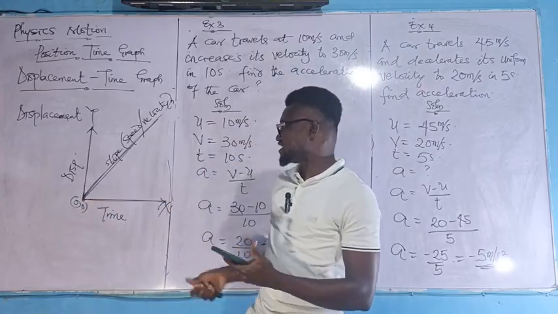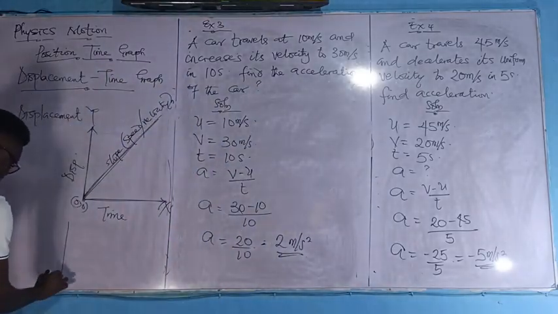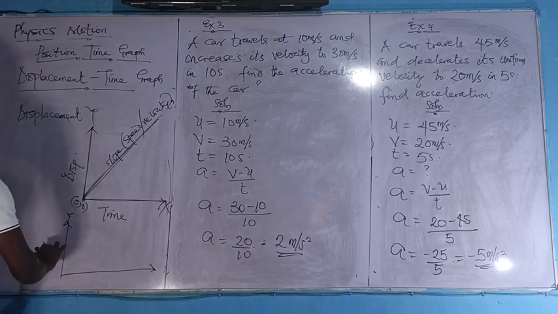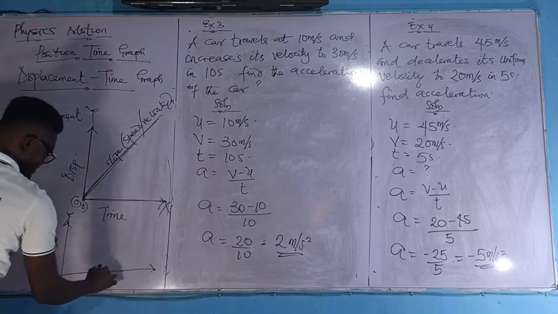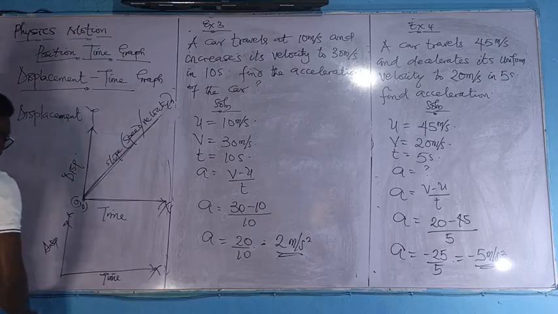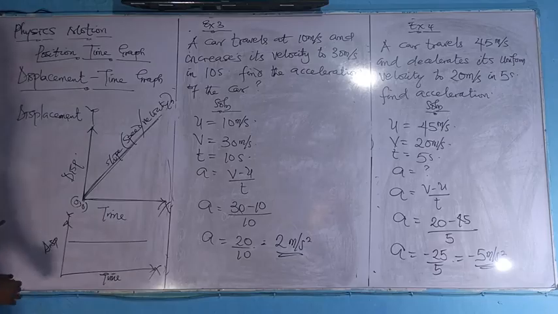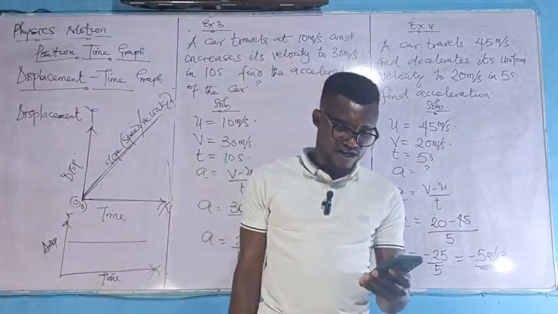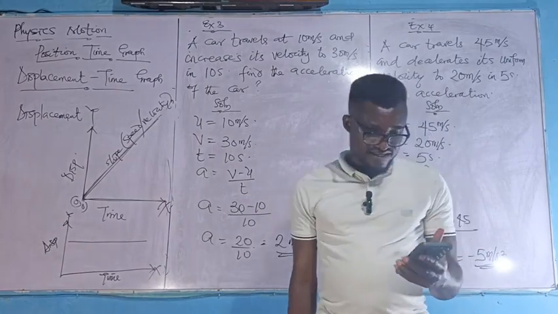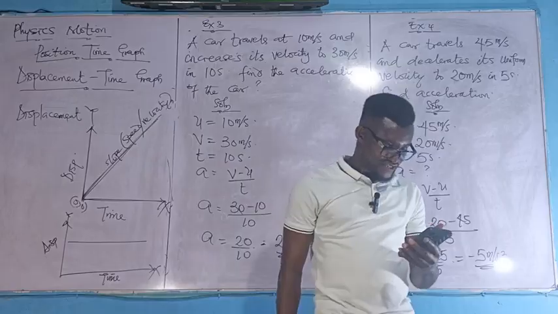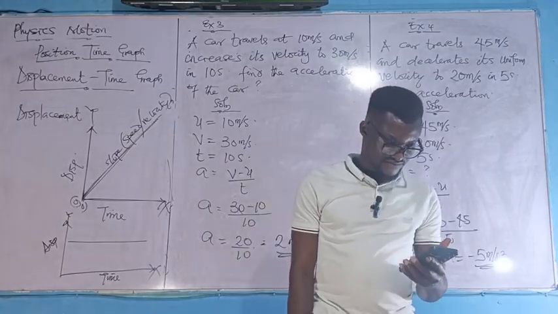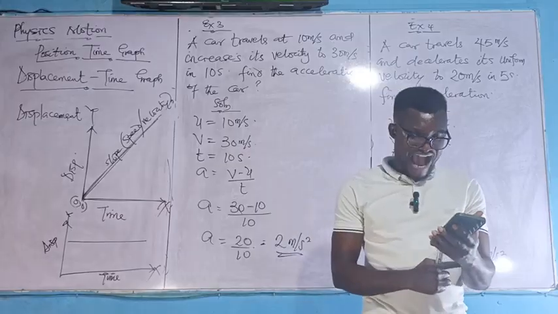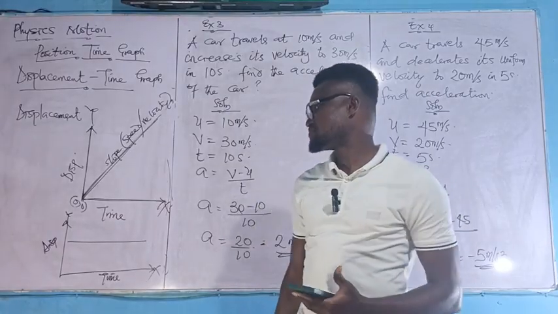If you have a graph of displacement against time and the slope is horizontal, what does that show? It shows that the object is stationary or at rest for a certain period of time.